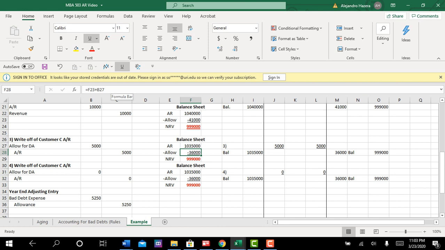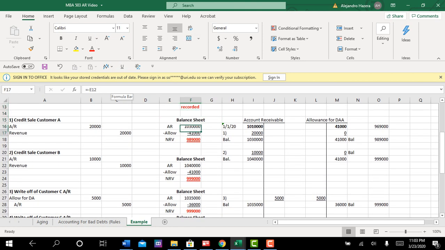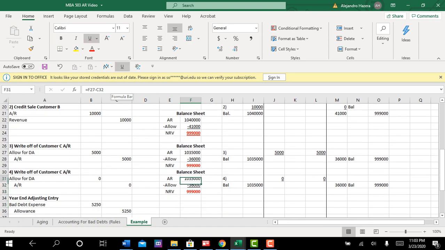So here's the second rule: whenever you write off an account, the net realizable value of accounts receivable doesn't change. Notice that it did change up here for credit sales, but when you write off an account, it doesn't change.